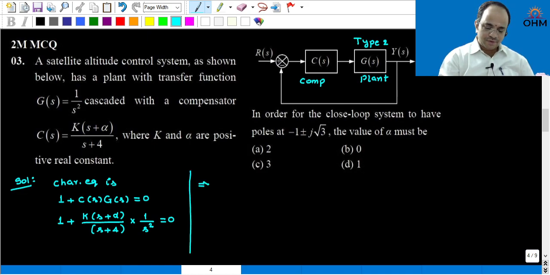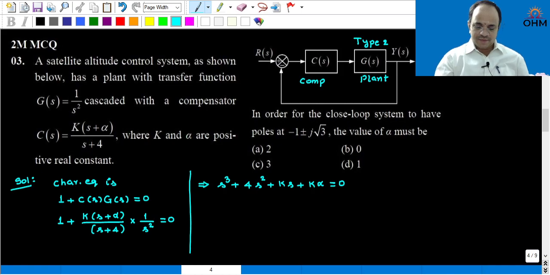Now from this equation you can simplify: s cube plus 4s square plus Ks plus K alpha is equal to 0. Let us call this equation 1.